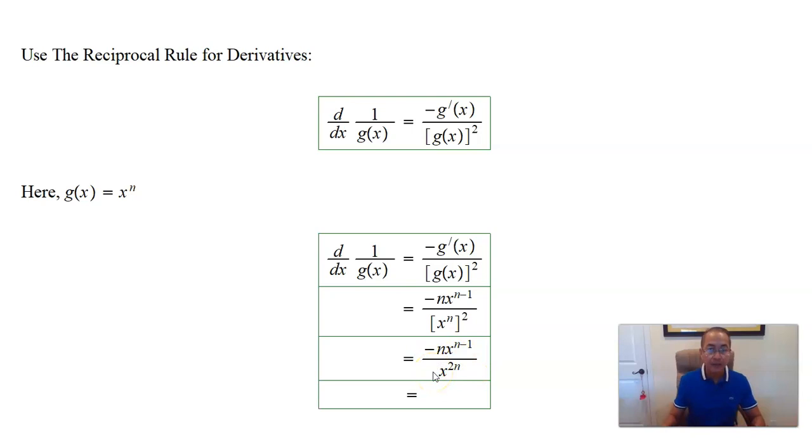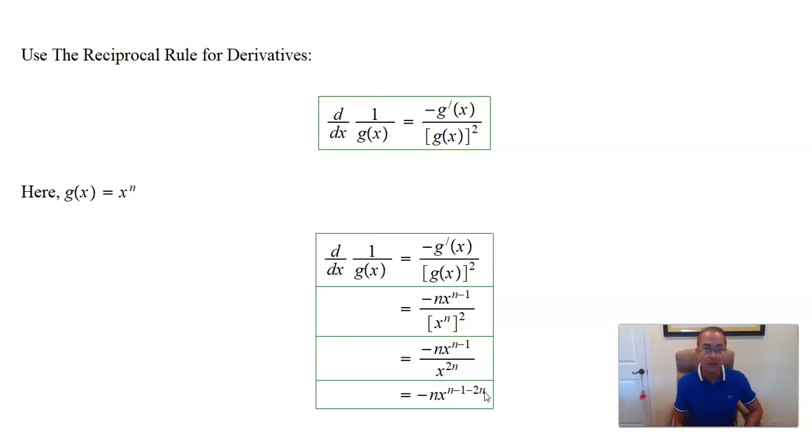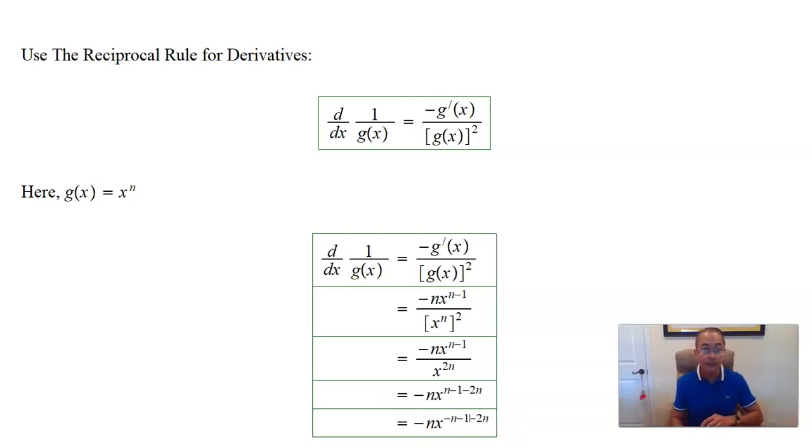We will subtract from the exponent of the numerator the exponent of the denominator, which is 2n. So we will have n minus 1 minus 2n, but we can simplify that. n minus 2n is simply the negative of n. So we can, whoops, not over there, but over there. So we have negative n x to the power minus n minus 1.